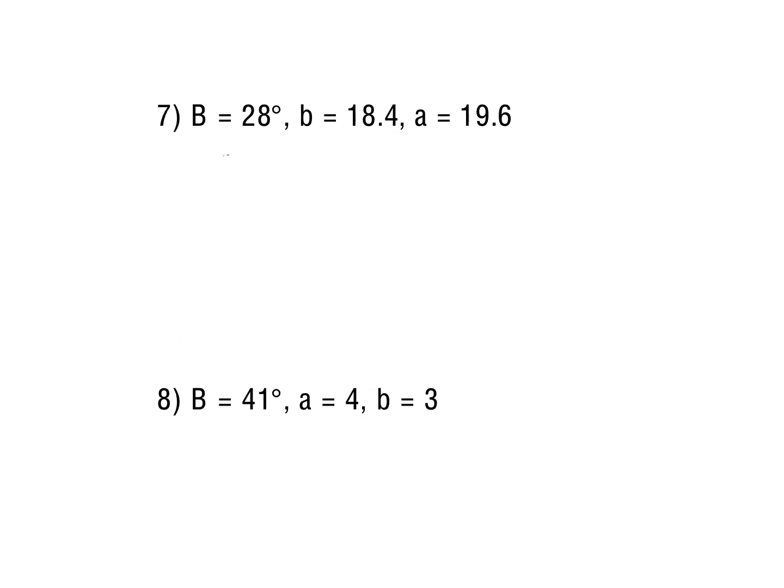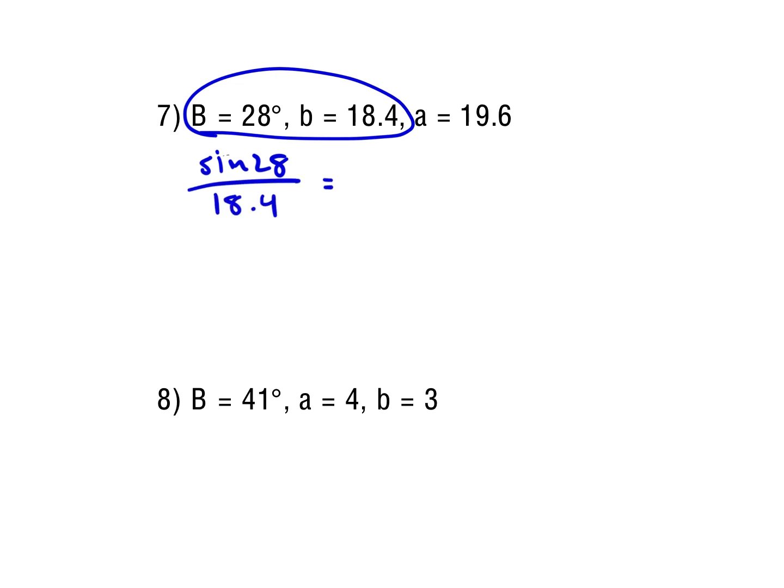What would we need to find first? A. We want to find angle A because we'll start with the proportion that we have, which is the B. So it'll be sine of 28, always sine of the angle over the side, 18.4, is equal to sine of A over 19.6, since now we have side A. We can multiply both sides by 19.6, so it cancels out on the right.